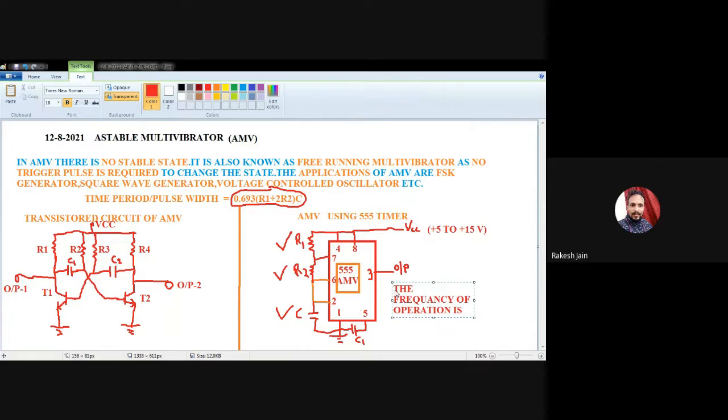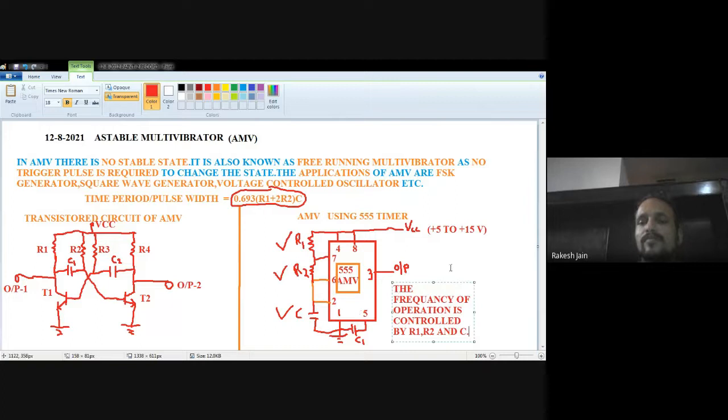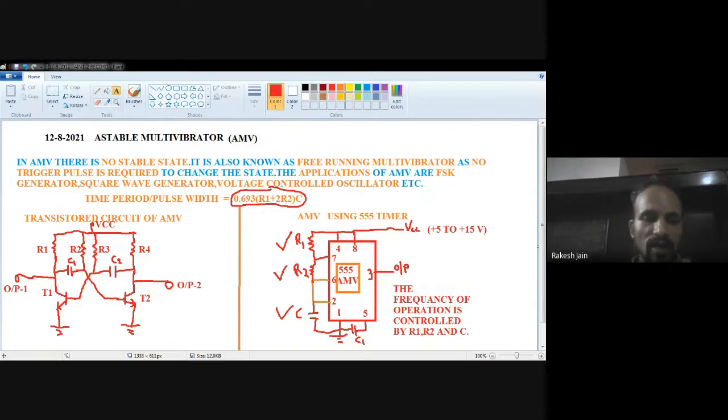The frequency of operation is controlled by R1, R2, and C. So that is a few things about the astable multivibrator, and how to draw the diagram we understand. Now we are going to see the monostable concept, the basic concepts, and how to draw the diagram of the monostable multivibrator.